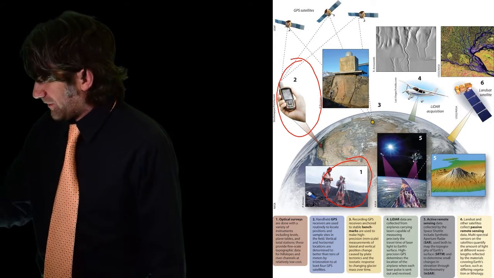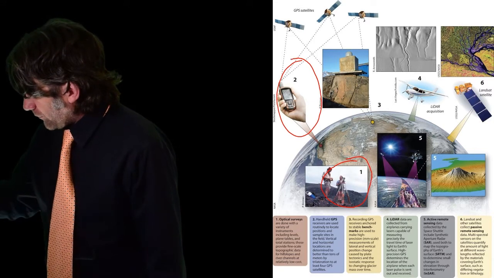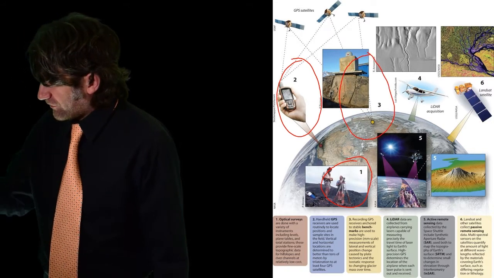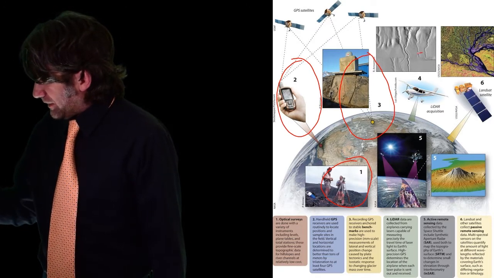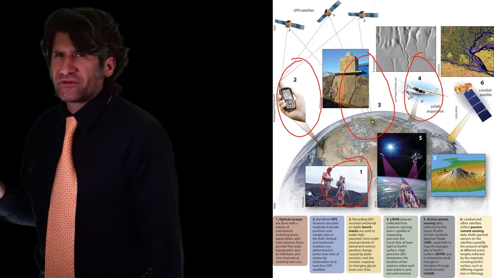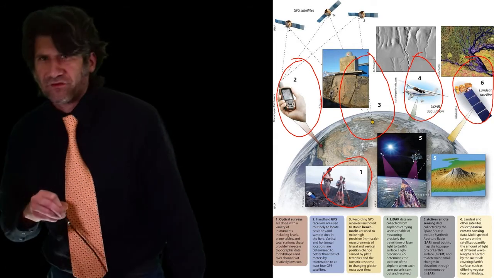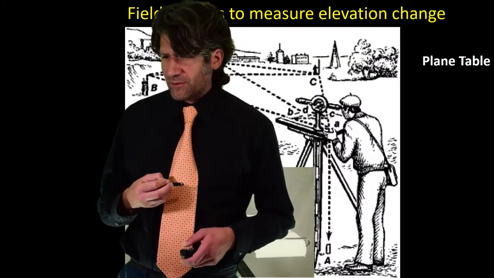We'll be talking about these, or we can look at recording with a great degree of detail repeat measurements of an installed base station, or we'll actually talk about airborne acquisition of survey data, and then space-based acquisition of survey data as well. So that's what we're going to cover here in the next couple of minutes.